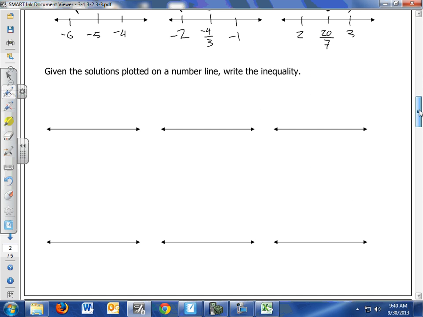Okay? Now, I could give you stuff plotted on a number line. And you could write down, let's say 0. Let's do one more. 8.